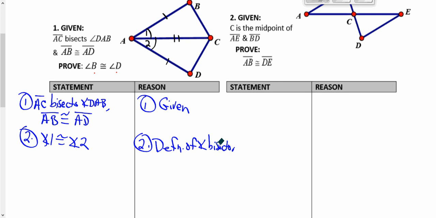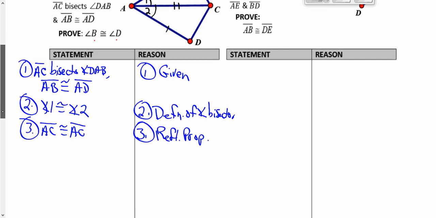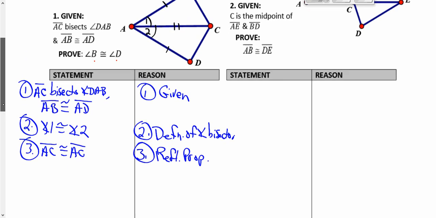So what's our next statement? AC congruent to AC because of the reflexive property. Yeah, we're cooking. Now we have enough to say our triangles are congruent, right?